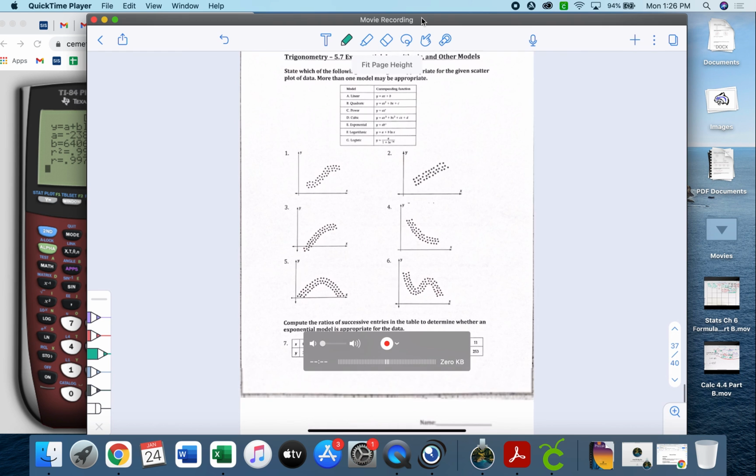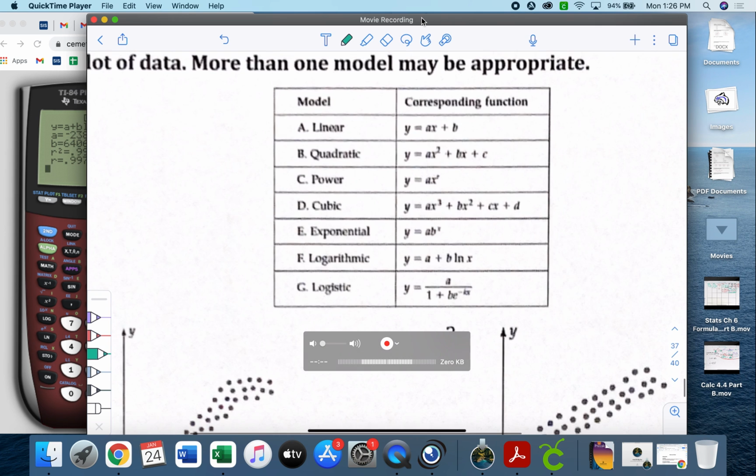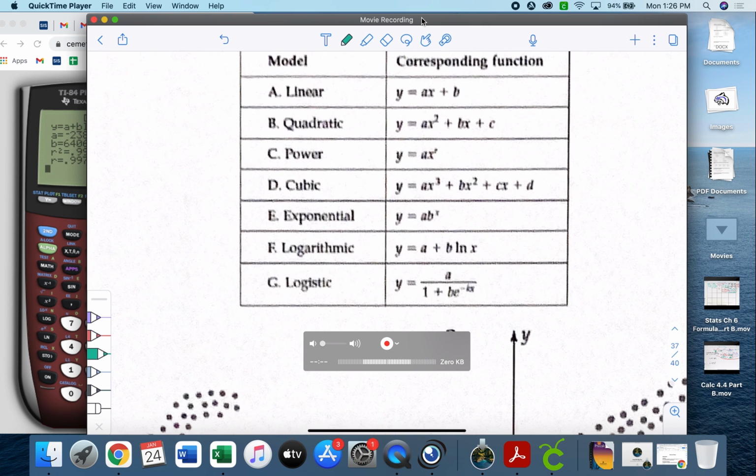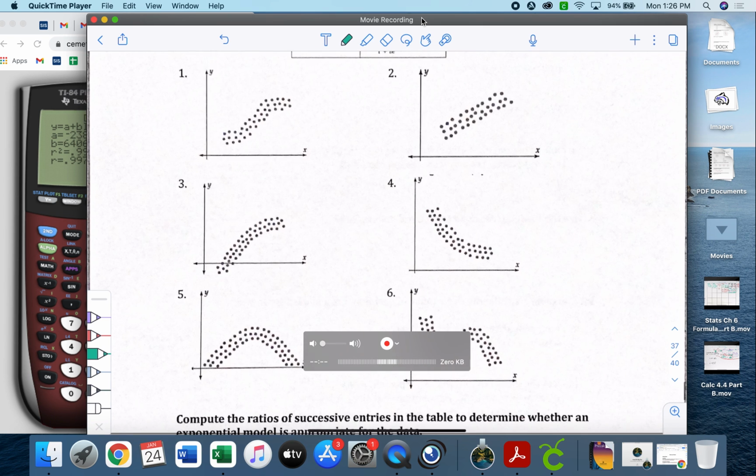This is what it looks like. I know I'm going to give it to you, but just look at this for right now. 1 through 6. These are your options: linear, quadratic, power, cubic, exponential, log, logistic. For 1 through 6, you are just trying to identify which function it is. I will take many answers.